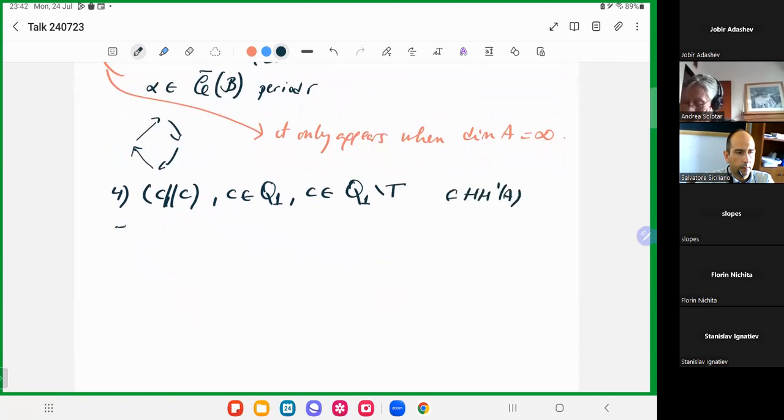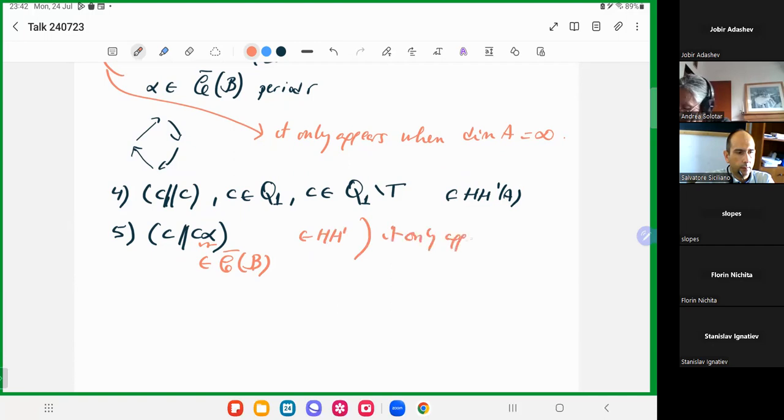And again, we have another type of element that are in HH1, and it is the same arrow C parallel to a path C alpha, where again this alpha is a chosen circuit that is in the basis. So again, this is in HH1, but it only appears when the dimension of the algebra is infinite.